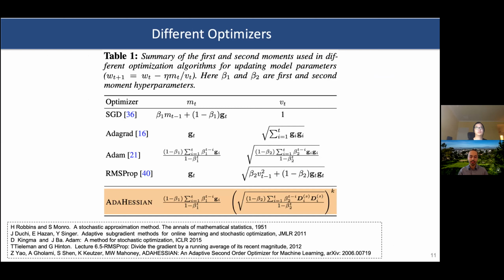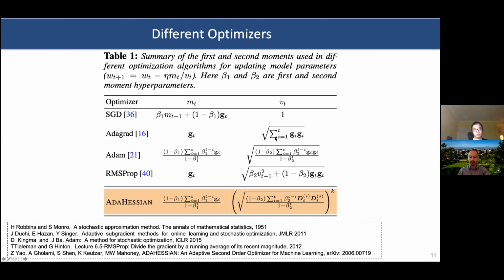So this basically compares the difference between different optimizers. For SGD, there's no second moment, so no correction for the learning rate. You're marching along the momentum. For AdaGrad, you're not using momentum for the gradient, so you're always using the gradient at every step.